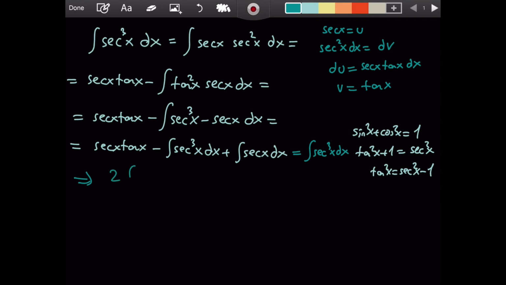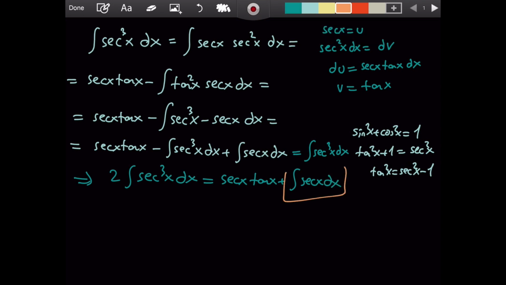Well, we get 2 times the integral that we're trying to find, the integral of secant cubed of x dx, it is going to be equal to, notice I added this to both sides, so on the left it cancelled and I'm writing the left to the right, so we have secant of x tangent of x plus the integral secant of x dx.